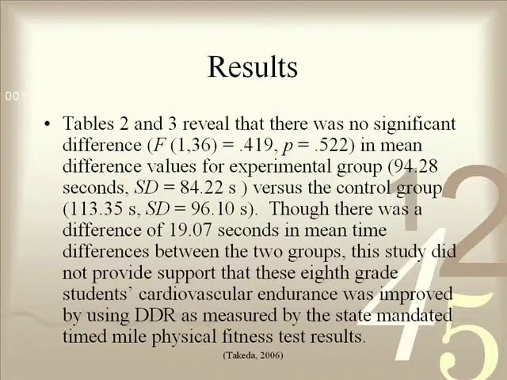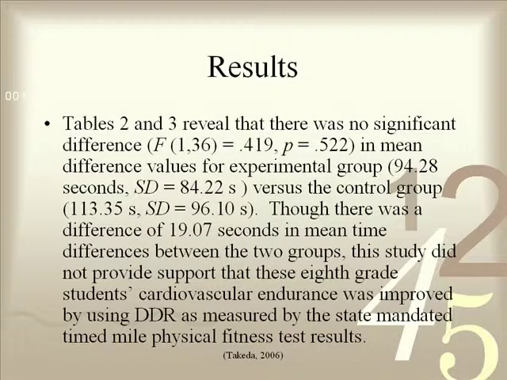So the results. Tables 3.2 and 3.3. 3.2 is the descriptive statistics, and table 3.3 was the ANOVA statistics. They reveal that there was no significant difference, and there's the F statistic telling us that there was no difference between these two groups.